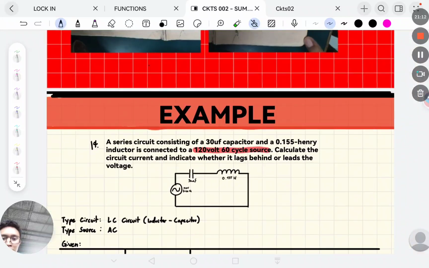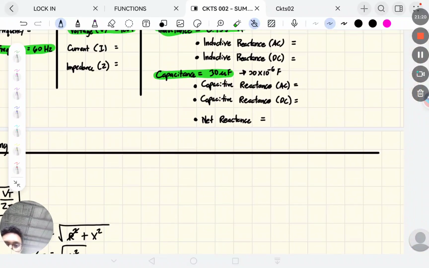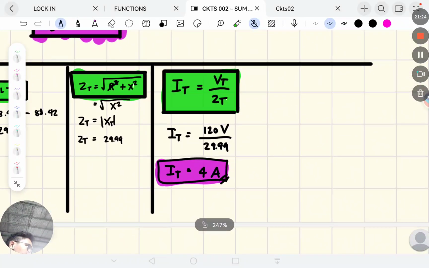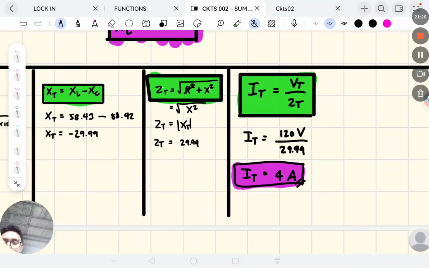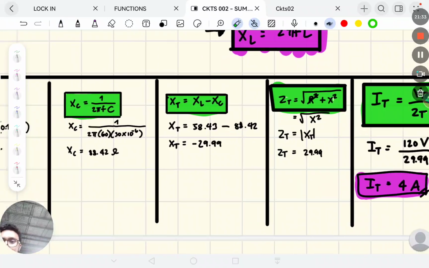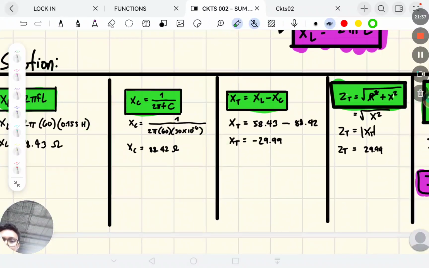Sabi dito, kailangan nating mag-determine if the current lags behind or leads the voltage. How would we know? Anong basis? If the current is leading or lagging with respect sa voltage. So, ang basihan niyan is ang inductance and capacitance.